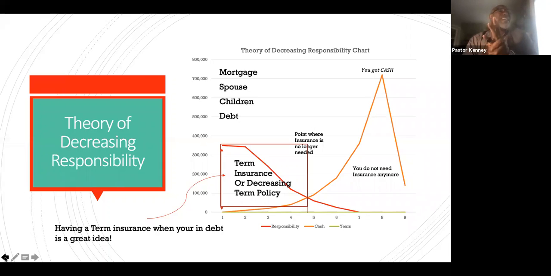So an annuity kind of makes sense, but on the other end of the spectrum, you've lost control of that money. In most annuities that I've seen, there's a penalty for early withdrawal. So if you need that money, you won't be able to get it out other than the way they pay it out.